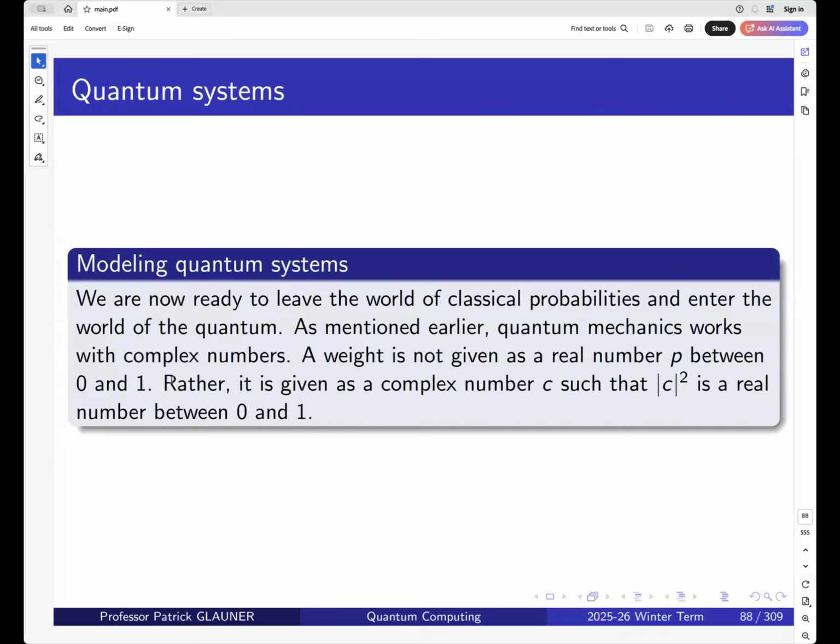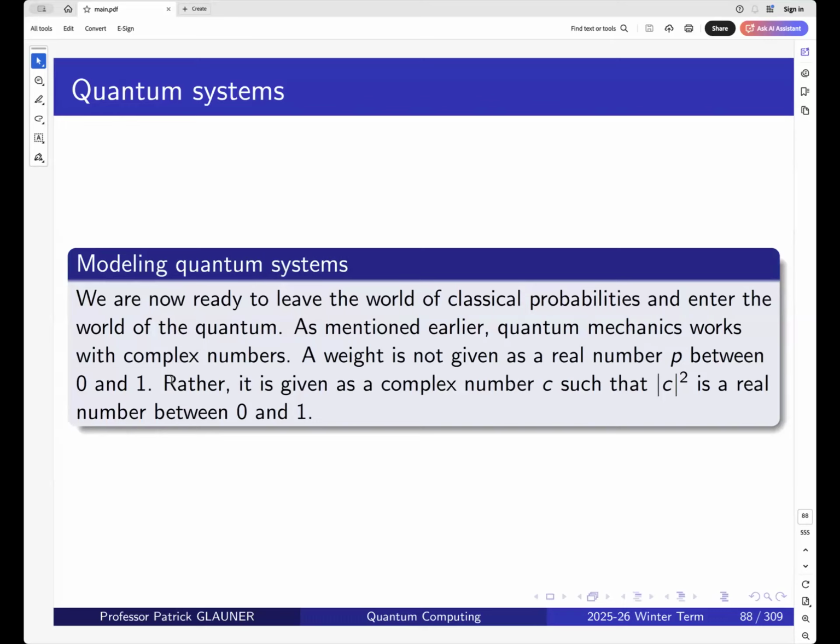And these quantum systems work quite differently. This time we don't deal with probabilities between 0 and 1, rather we deal with complex probabilities. And it's not really a marble anymore.